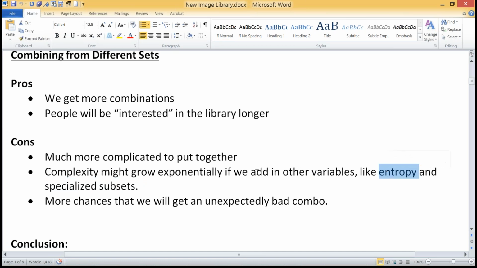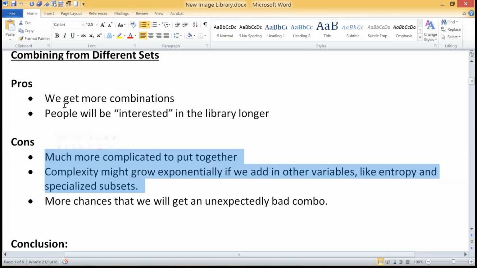We almost wouldn't be able to do it, not with our current level of participation. And then we couldn't do specialized subsets, which I talked about earlier. So we wouldn't be as innovative.